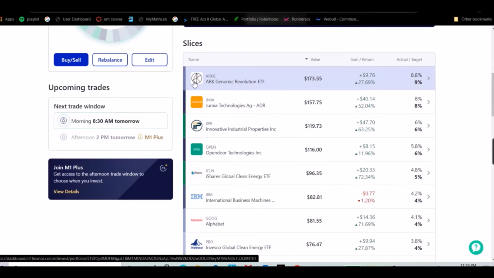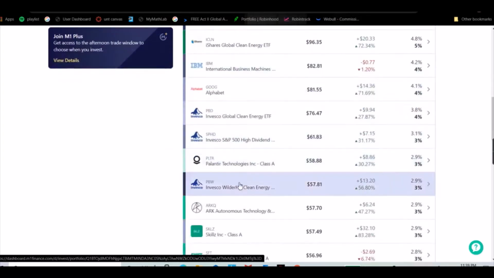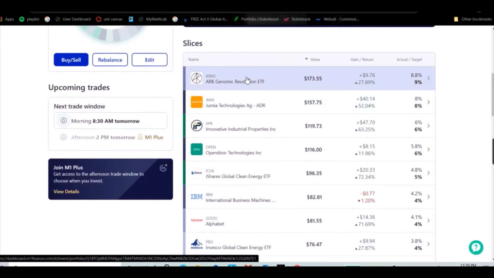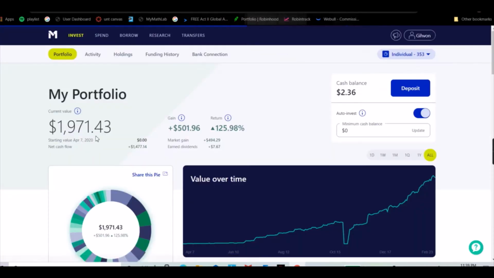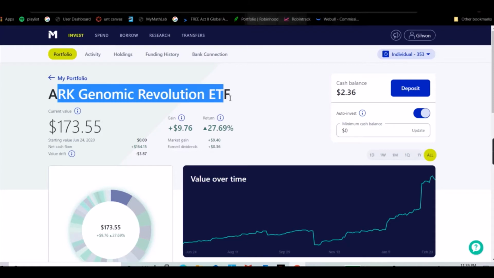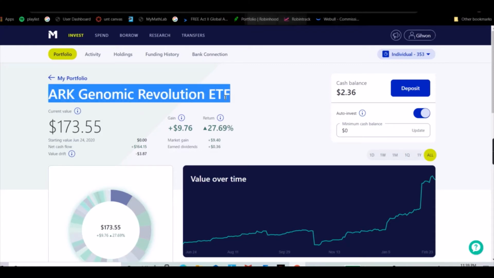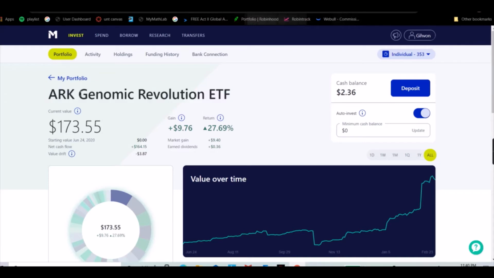So, for example, there is this Genomic Revolution ETF. So the ARK fund, ARK Invest, has a couple ETFs like the ARK Genomic Revolution and ARK Autonomous Technology. What these ETFs are, they include certain stocks related to the theme of the ETF. So for a Genomic Revolution, this ETF focuses on stocks in the field of genomics.